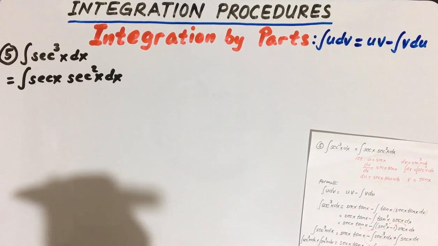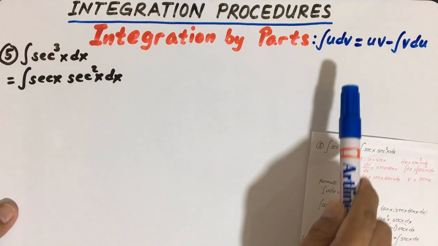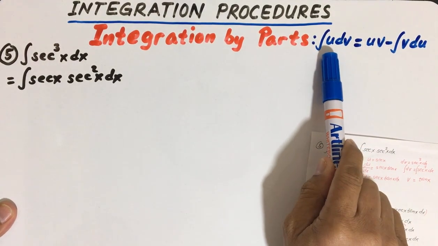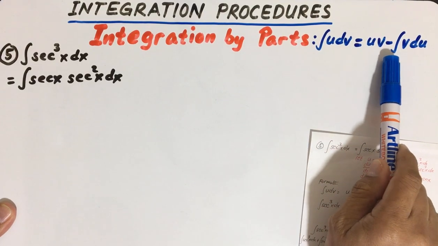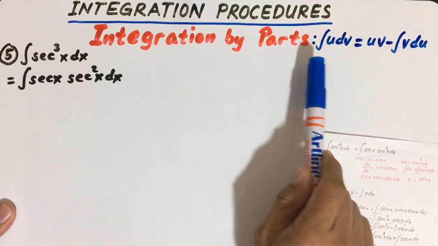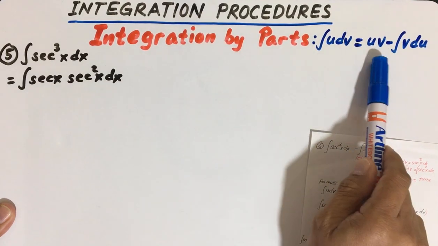Alright, so from here we can choose what our u is and what our dv is, because we have to follow this form, integral of u dv equals u v minus integral of v du. If this is our u, then the rest is our dv, and we can use this formula.